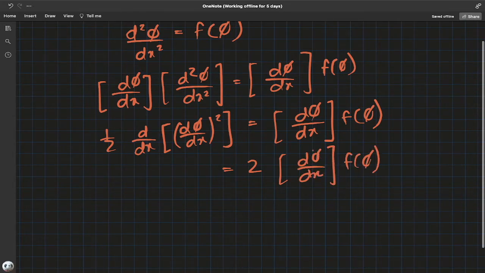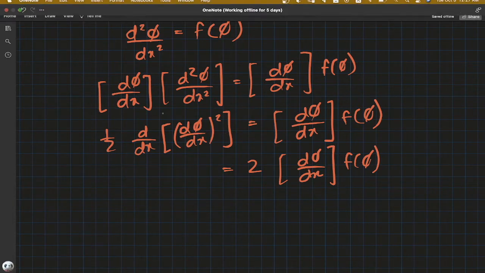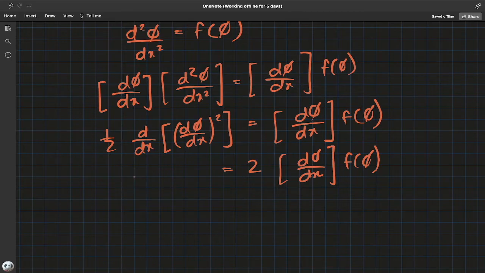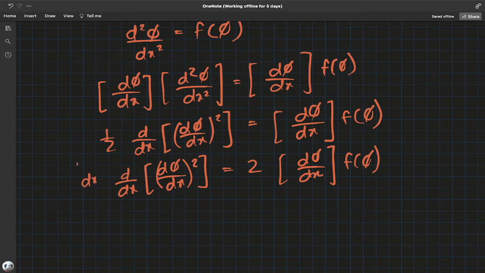And you can integrate both sides, so we can integrate with respect to x. So we have d over dx of this entire quantity squared, and we're integrating it.